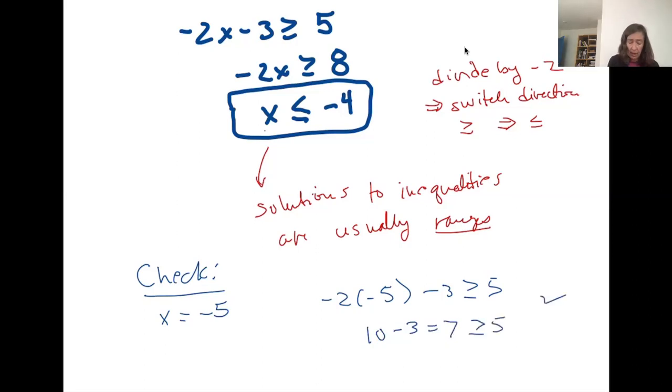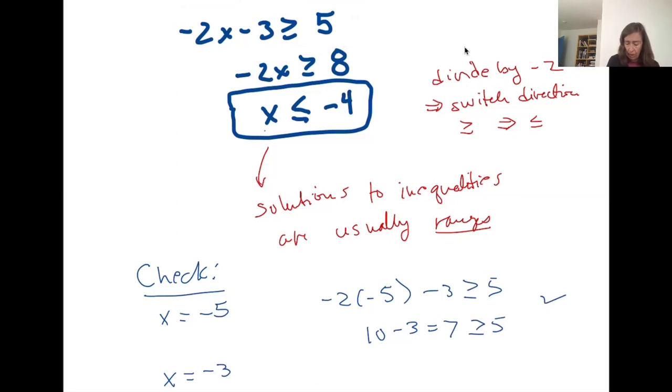So that looks good. What if we picked x equals -3? -3 is not less than or equal to -4. -3 is actually greater than -4. So the inequality we started with should not hold for x equals -3. And let's check.